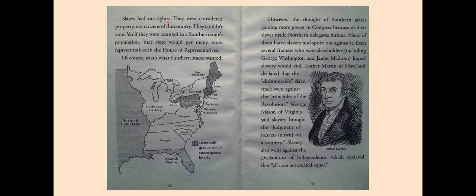Slaves had no rights. They were considered property, not citizens of the country. They couldn't vote. Yet, if they were counted in a southern state's population, that state would get many more representatives in the House of Representatives. Of course, that's what southern states wanted.